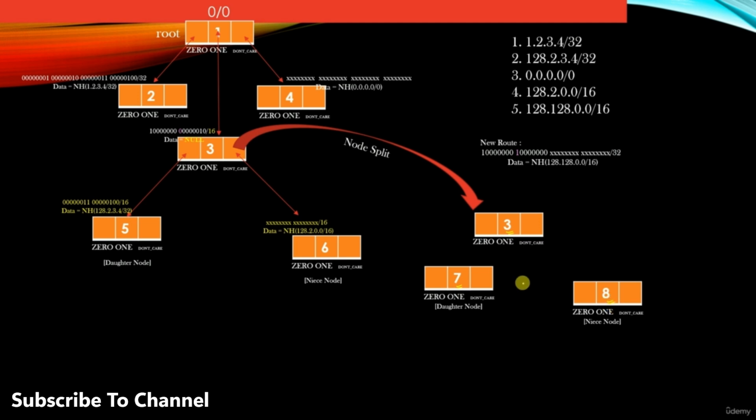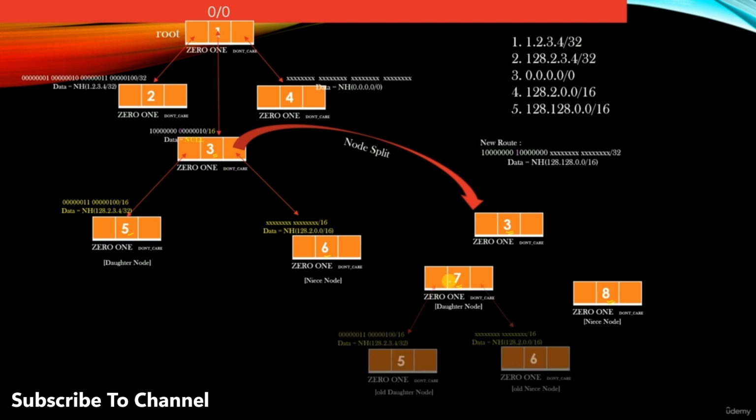As a part of the algorithm, all the children of the node which is undergoing a split are transferred to the daughter node. So it means that node number 5 and node number 6, which are the children of node number 3, will be transferred to node number 7. And it's just a plain copy paste. If you had more nodes which are descendants of node number 5, then those nodes would also have moved as they are.